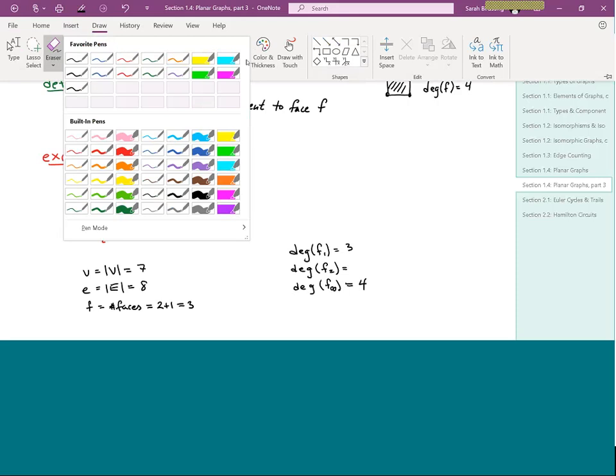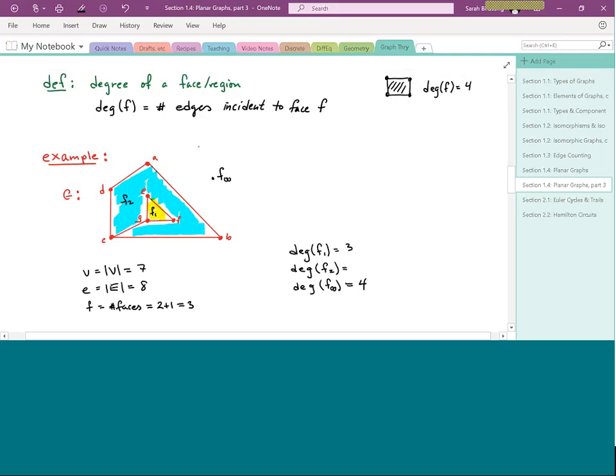What is a horribly obnoxious different color? I don't really have one, but maybe a fat green. So it'll look terrible. If we start at, say, C because my pen's already there, we've got 1 edge for F2, 2 edges, 3 edges, 4 edges, 5, 6, 7, 8, 9 edges, and we're back.